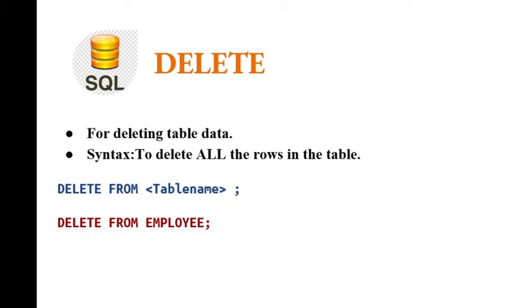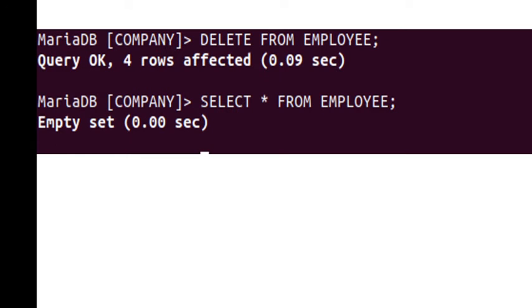If you want to update, modify, delete or select all the rows, you don't have to specify the where condition. Delete from employee. This will delete all the rows from the employee table. After that, when you try to select the data from the employee table, it will show an empty set.